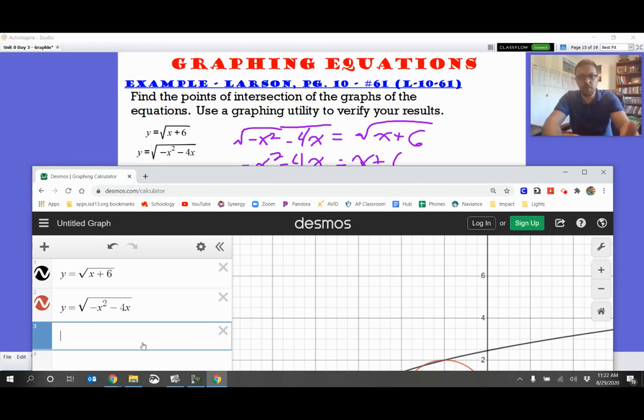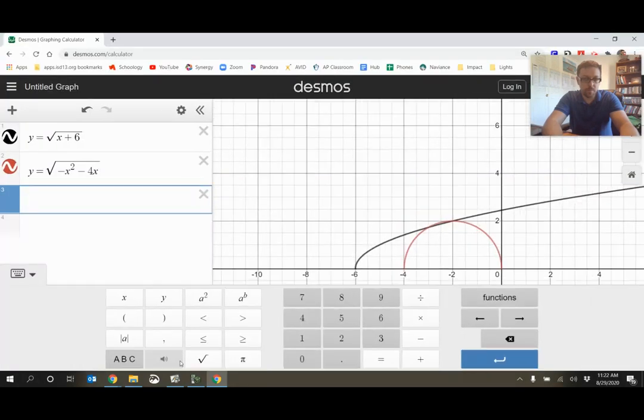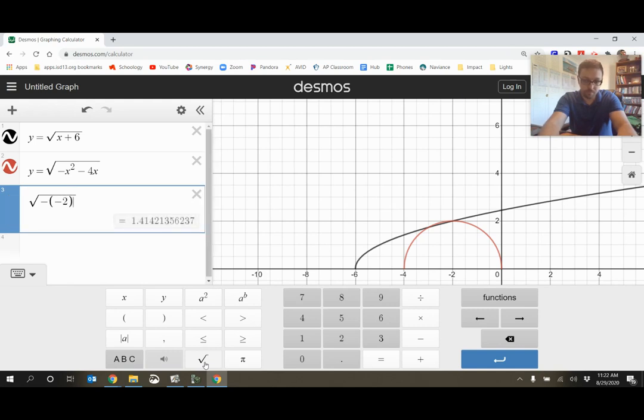So if we wanted to check that -2 one, we could type in the square root of negative and then substitute in our -2, squared. So all I'm doing is that same thing, but not putting a y in front of it. -2, I missed the 4.